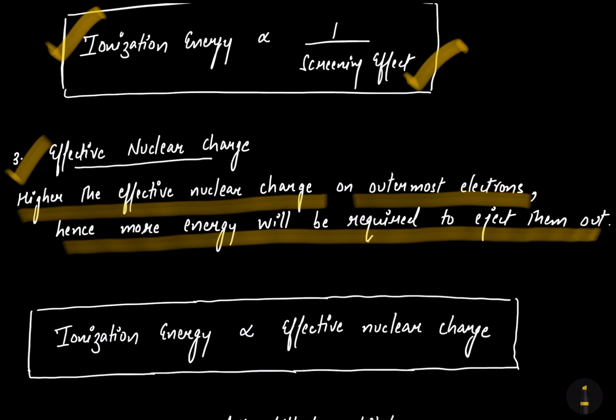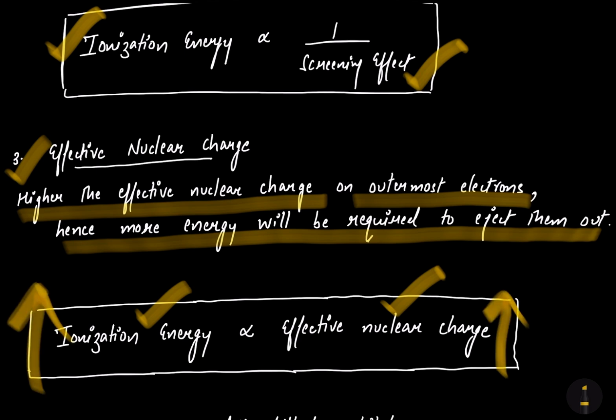If that attractive force is greater, obviously the electron is more strongly held by the nucleus, so higher energy will be required for the ejection of that electron. That means ionization energy is directly proportional to the effective nuclear charge. The more the effective nuclear charge, the more ionization energy is required, because there will be a greater force of attraction between the nucleus and the outermost electron.